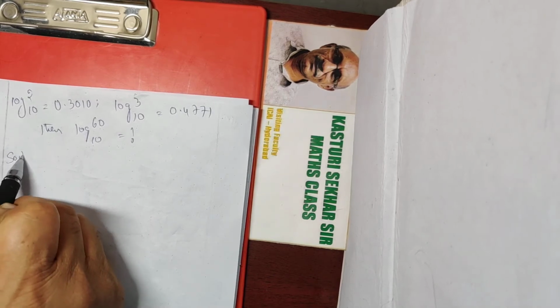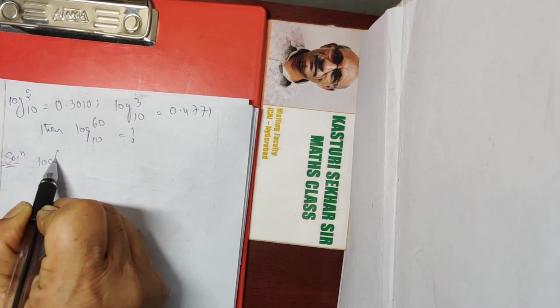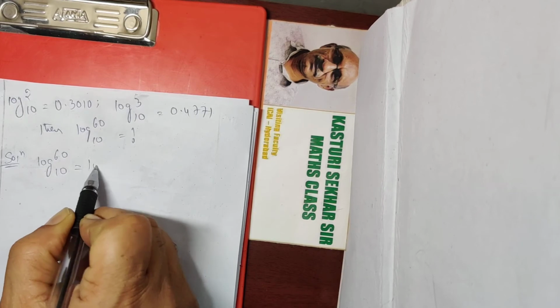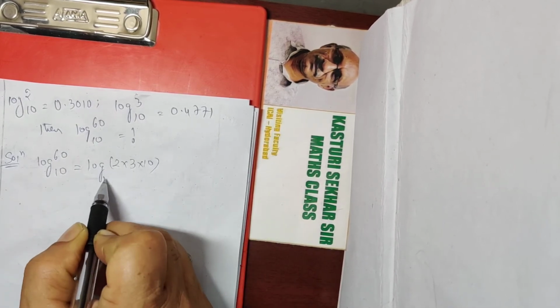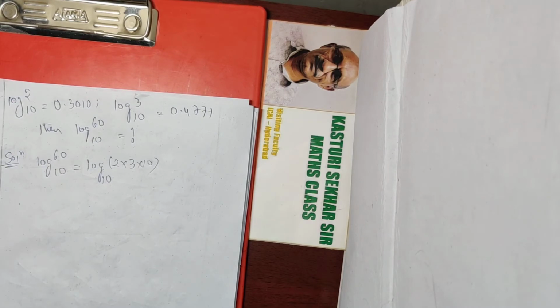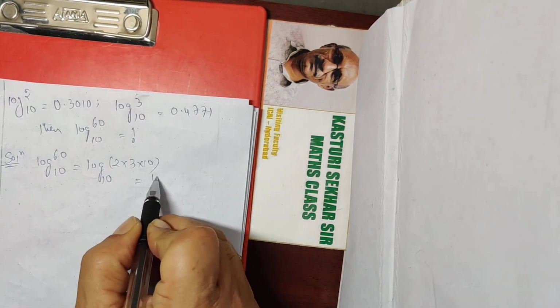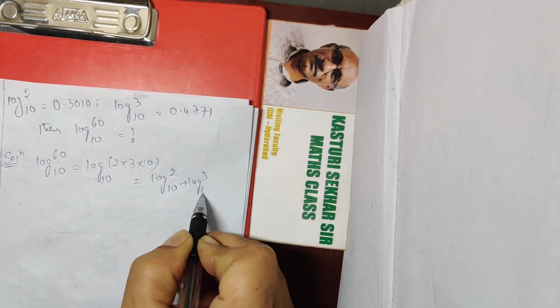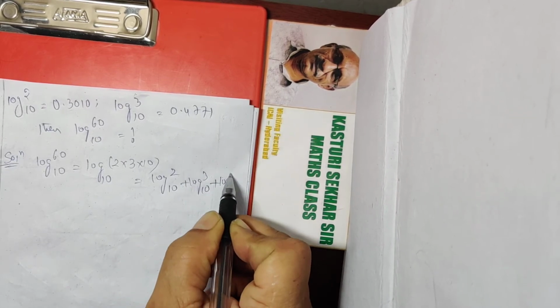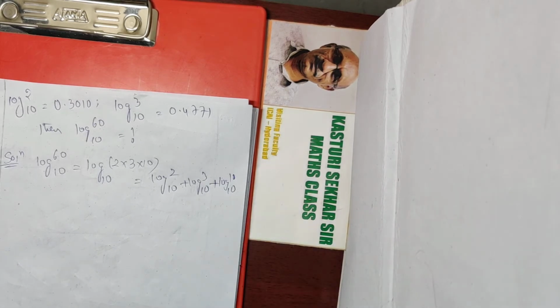Now the solution. Log 60 to the base 10 can be written as log of 2 into 3 into 10 to the base 10.